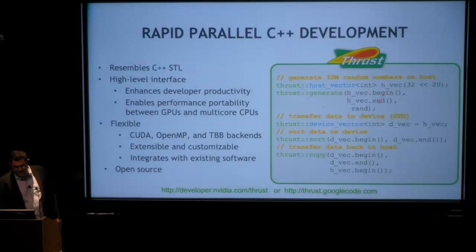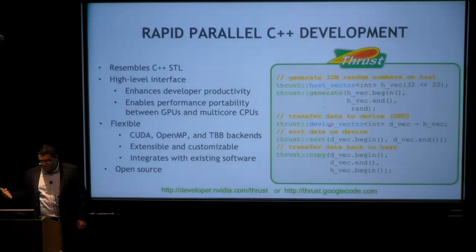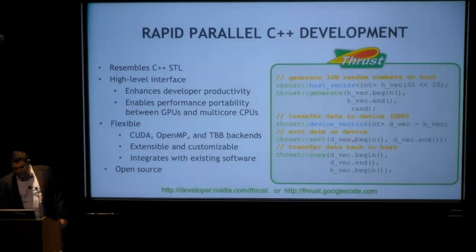We have this beginning and end, which is some nice metadata in there. Then we create this device vector, which enables transferring the data to the device. In this case, we're going to do a radix sort on this particular vector, and then transfer the data back with thrust copy here. So it's a really nice API to enable your particular workflow.